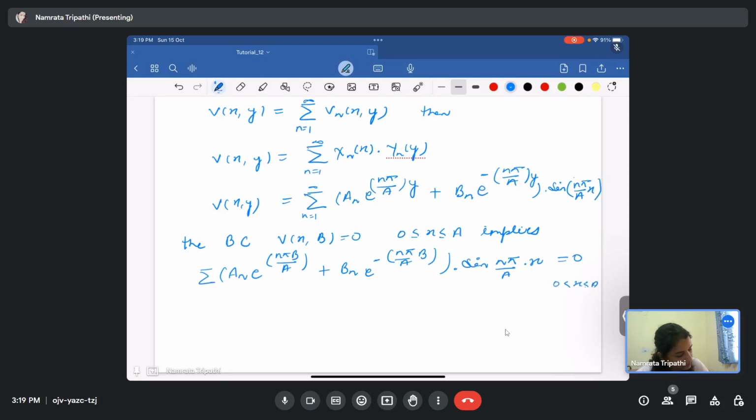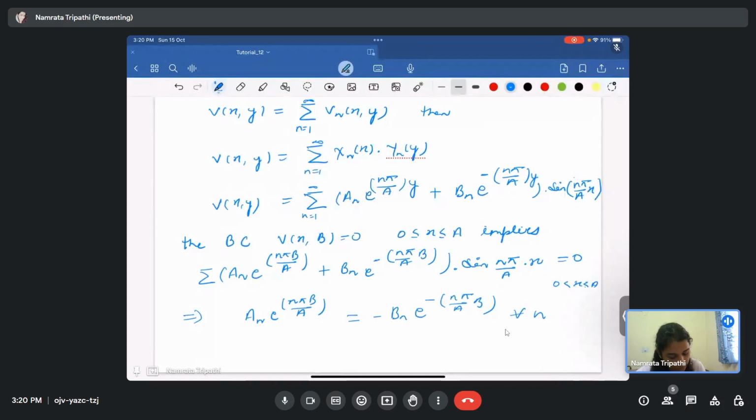So this term cannot be equal to 0. From here it implies an is equal to minus bn e to the power n pi b by a for all n. Fine.